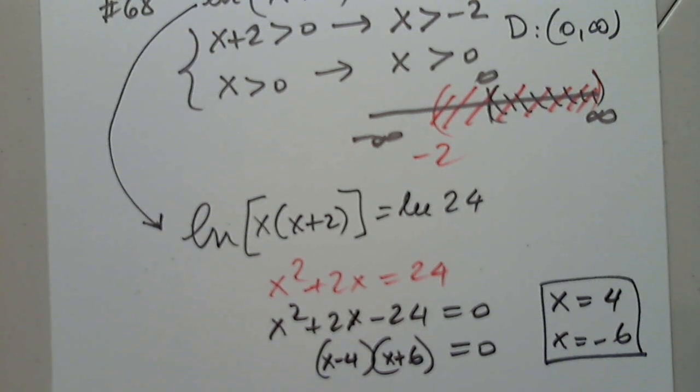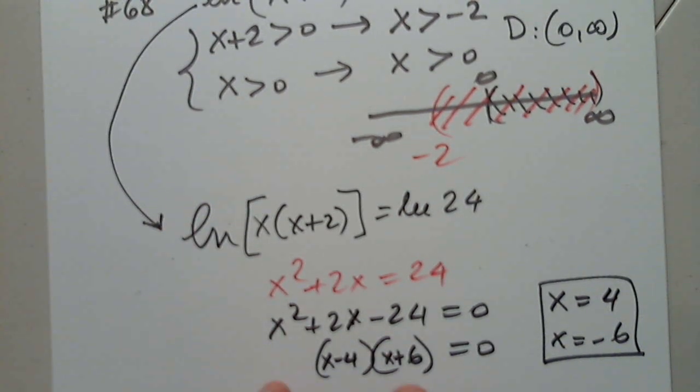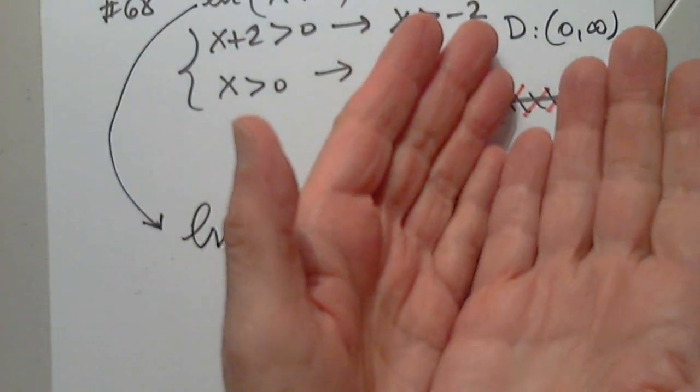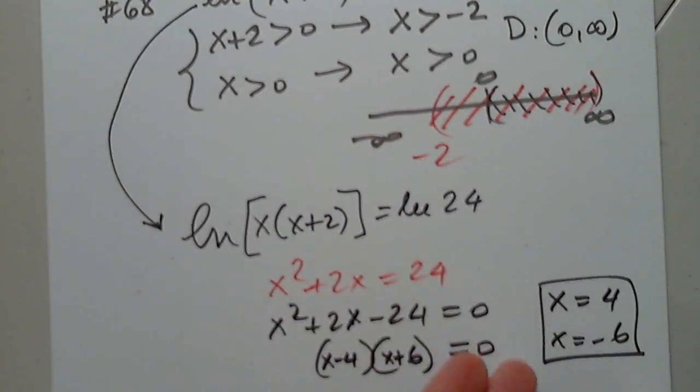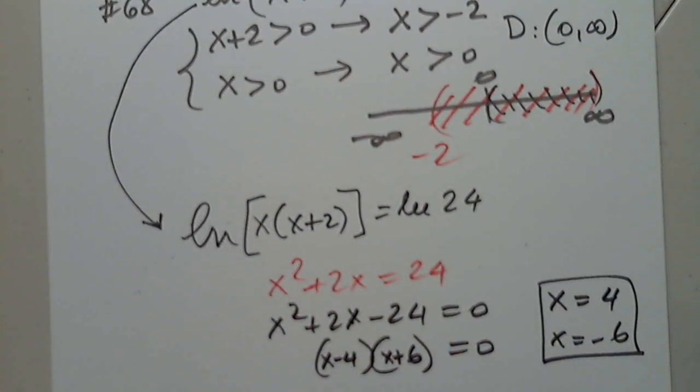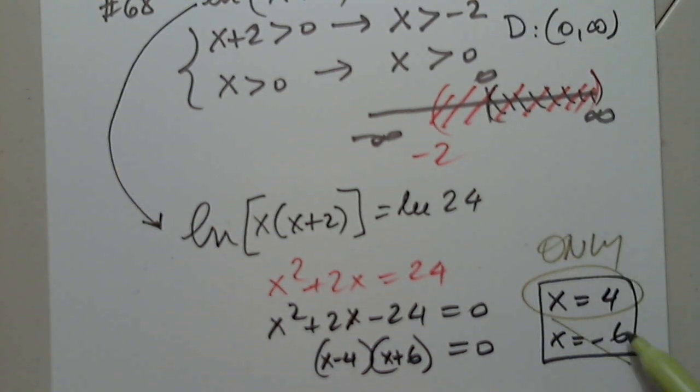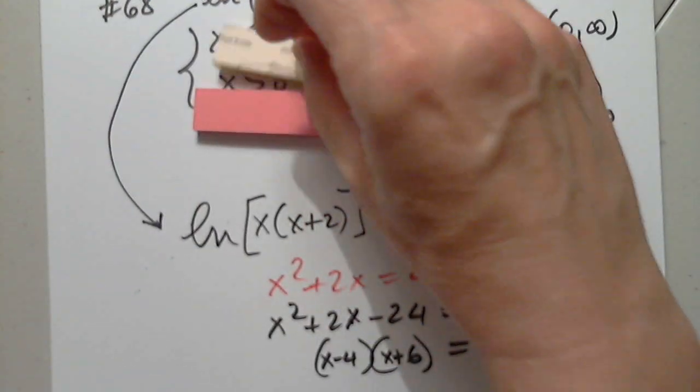Anyway, so now we have the domain. What will you say? X equals 4 because it's within the domain. That's why we did that. You can say it's too difficult for me to find the domain.